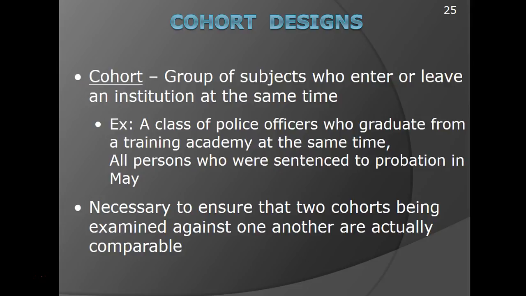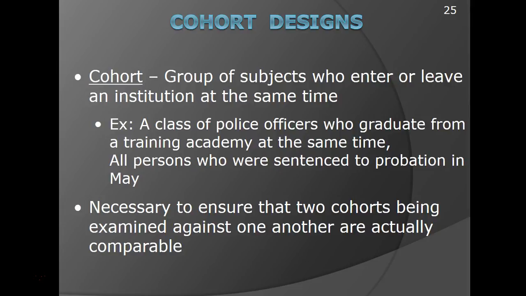One of the designs that we have under quasi-experimental is the cohort. And we talked a little bit about this when we were talking about time series and the birth cohort, where the researchers picked a cohort that was born in a certain year, and they followed them throughout 18 years of their life. So that's your cohort.